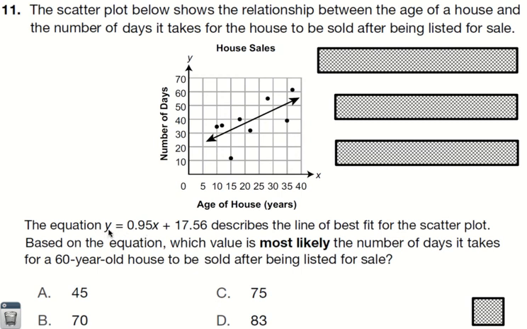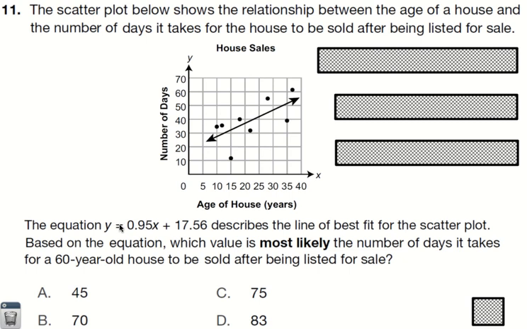The better option, especially considering you have the equation right here, which says, since y is the number of days and x is the age of the house, that the number of days equals 0.95 times the age of the house plus 17.56.